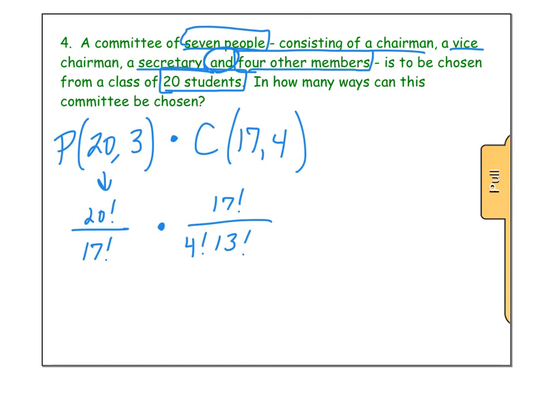So here we go. You can cross-reduce if you like, leaving us with 20 factorial on the top and 13 factorial along with 4 factorial on the bottom. So what I'm going to do is take 20 times 19 all the way down until I get to 13.